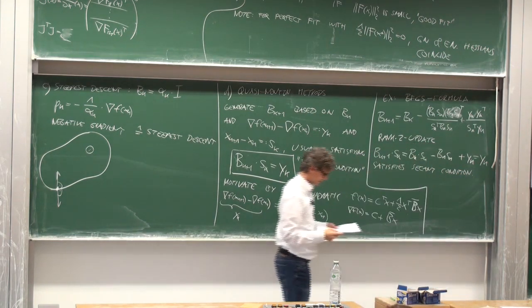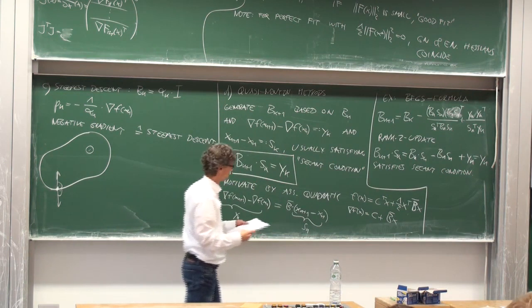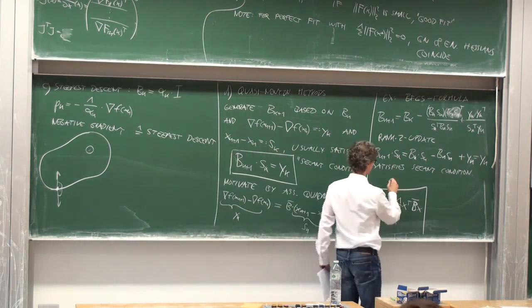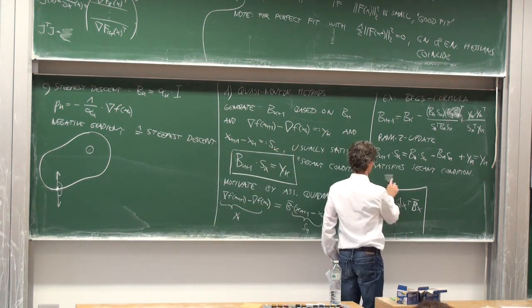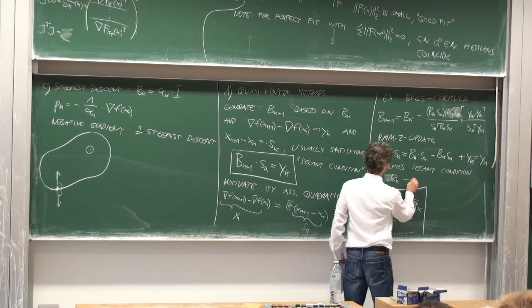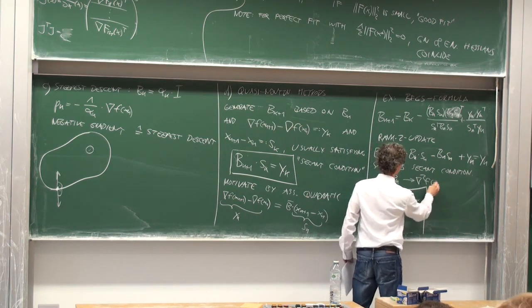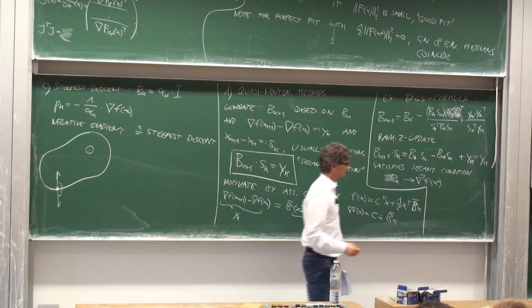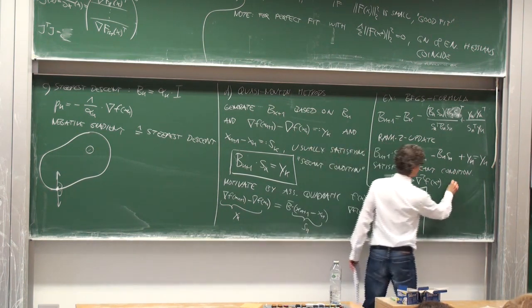And what we will actually show later is that in some sense, but this is not exactly right, so I should not write it, that this bk approximates the second derivative of the right solution, at least in the relevant directions.